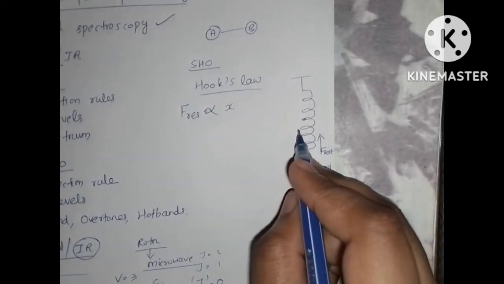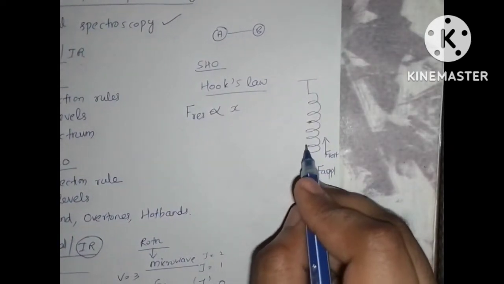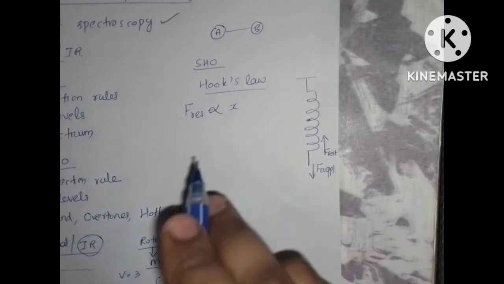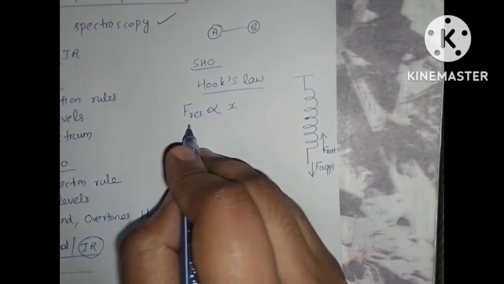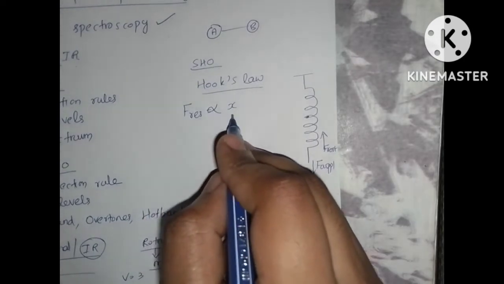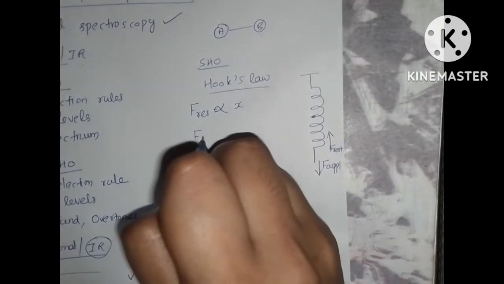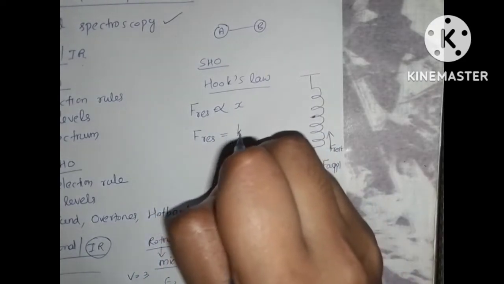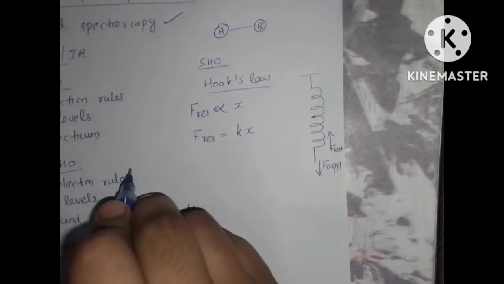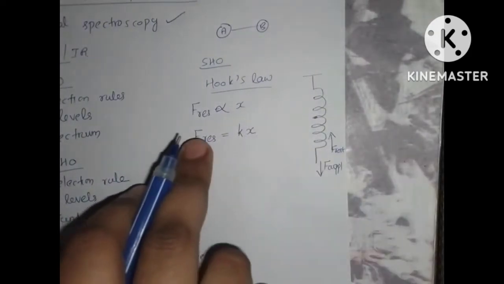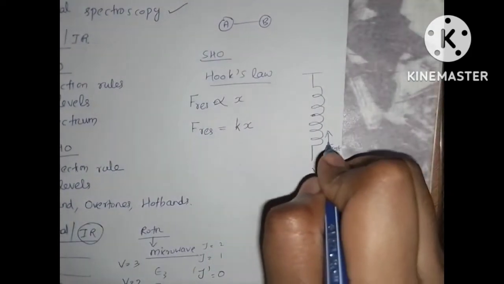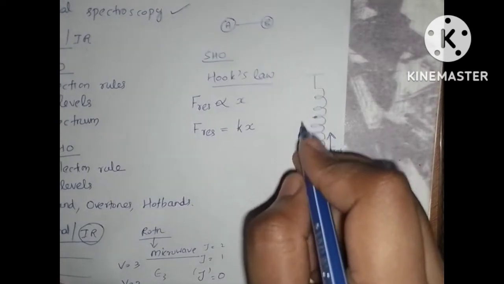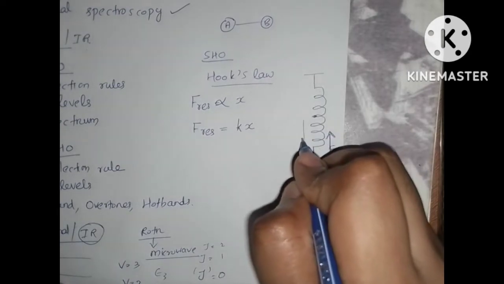Displacement x means the change in distance after stretching. So the restoring force is directly proportional to displacement. To change the proportionality sign, we multiply with the constant k and x. And one more thing: the restoring force is developed upward, but as the spring is stretched down, the displacement occurs downward.